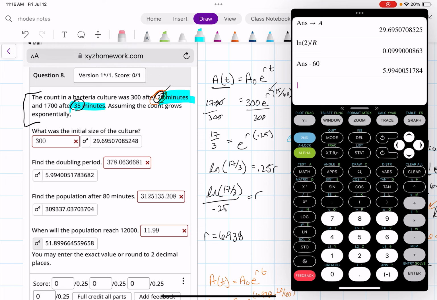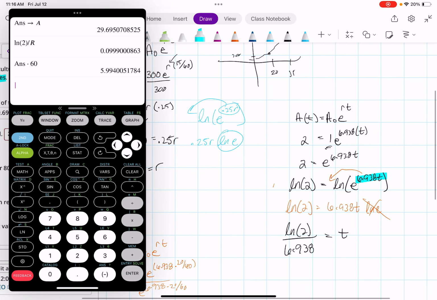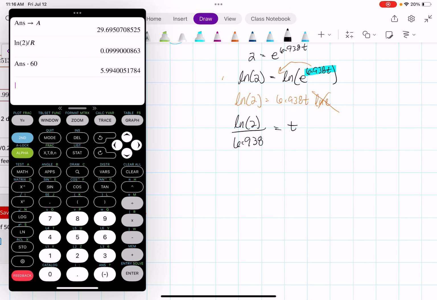Okay, so the next question is find the population after 80 minutes. So a of t is equal to a sub 0 e to the r t. We want after 80 minutes. So the question is, what is the amount after 80 minutes?